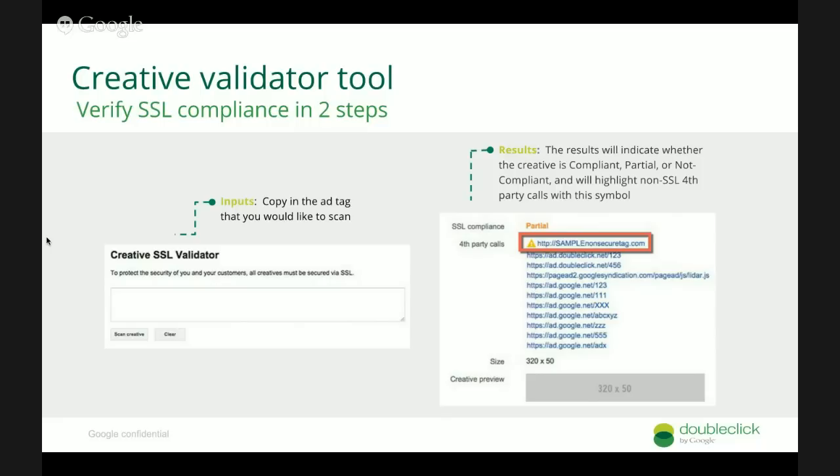And over time we'll be adding additional policy-related functionality to this tool, but for now it's mainly for you to check for SSL compliance. So at a high level, you'll just take a 3-pass snippet, paste it into a text box, click Scan Creative, and then the output you'll see is an indicator of whether the creative is compliant, along with all the fourth-party calls, compliance for each fourth-party call. We'll give you the size of the creative and then also a preview.